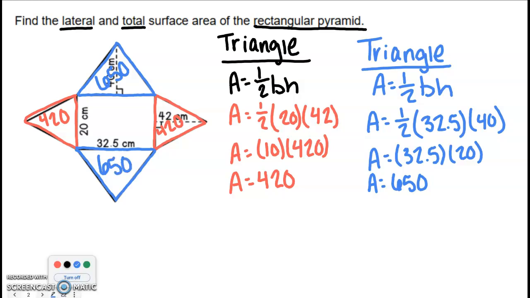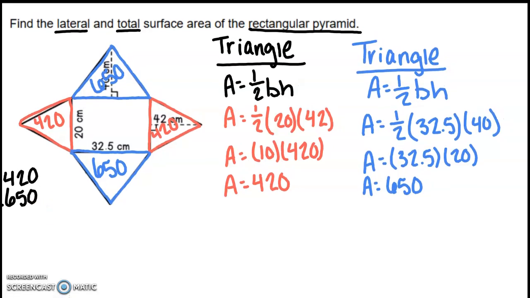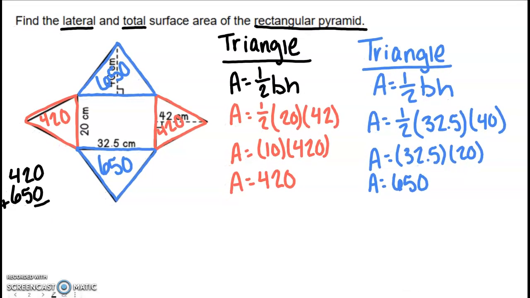So now I can find the lateral surface area by adding up all of those triangles. So if I do 420 plus 650, that is 1070. And then I take the 1070 and add the next 420.